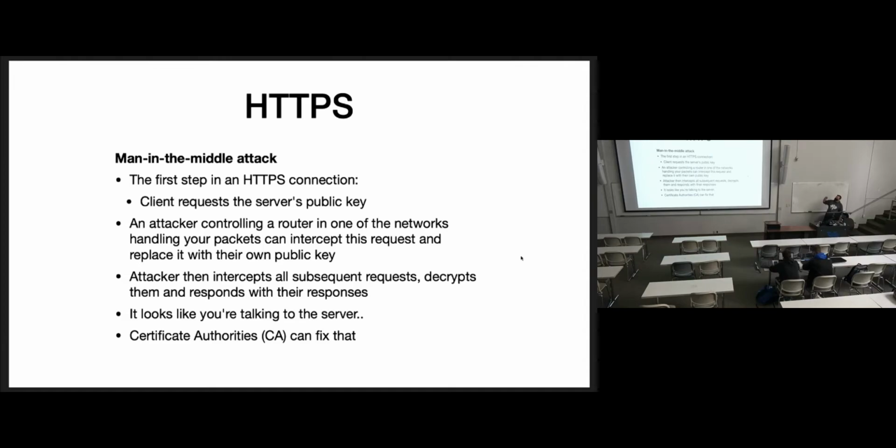But to make sure that you're not subject to this attack, we have something called certificate authorities. So instead of the server just sending you their public key, which cannot be encrypted, we could come up with some grand scheme, but this is the solution that we have in place. They can't encrypt that because how are they going to encrypt that traffic before any keys have been exchanged?